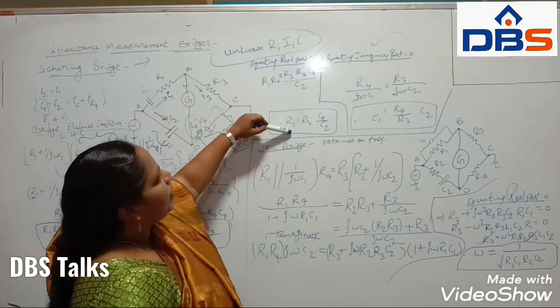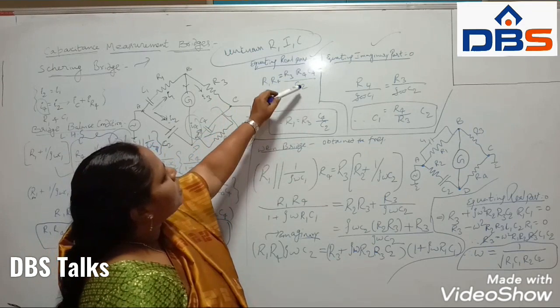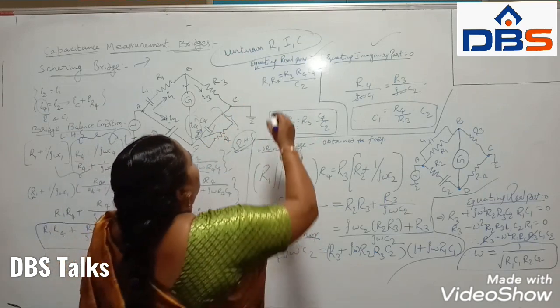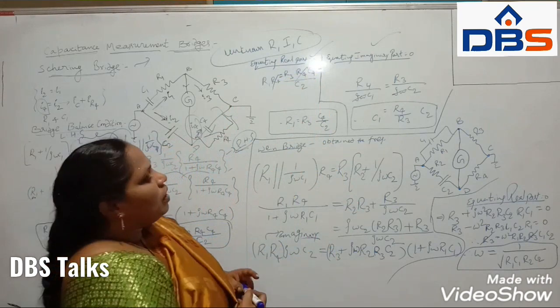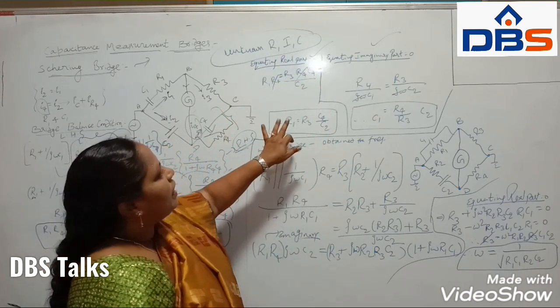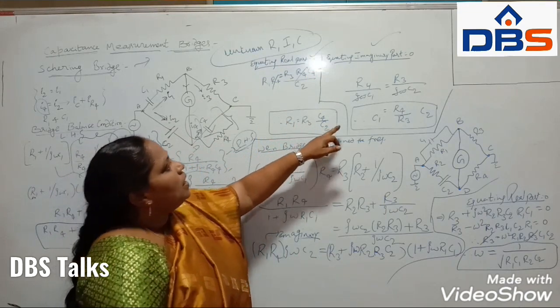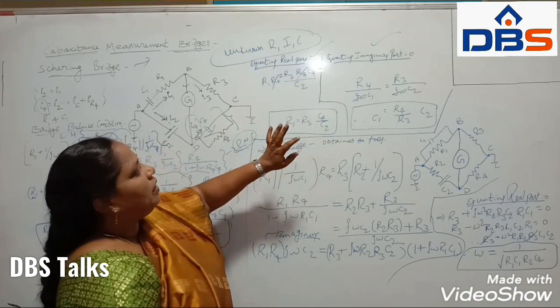So from this equation R1 is equal to R3 into C4 by C2. Both sides R4 will be cancelled. So this is the R1 value, the unknown resistor value. Or we can take the capacitor value also, or we can measure the C2 value or C4 value or R3 value.